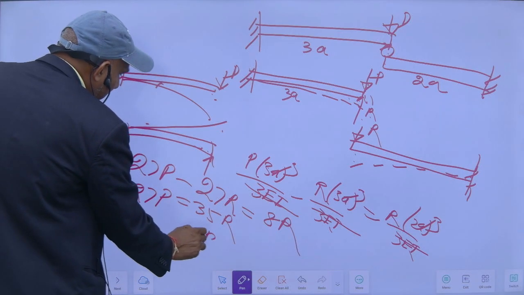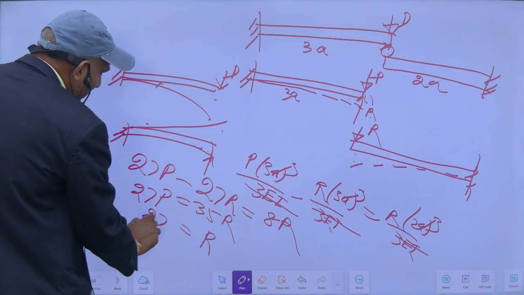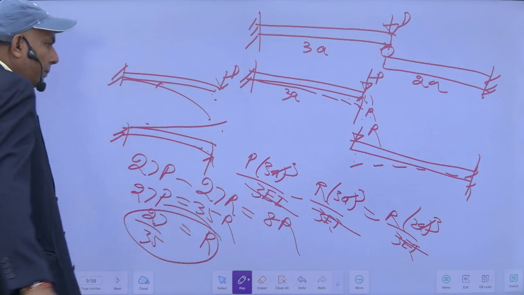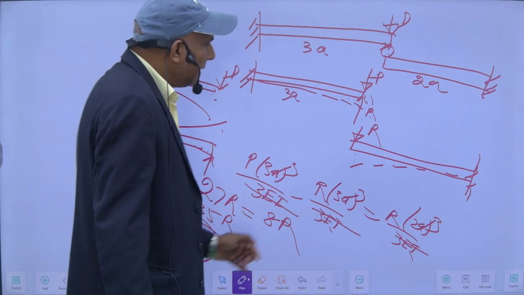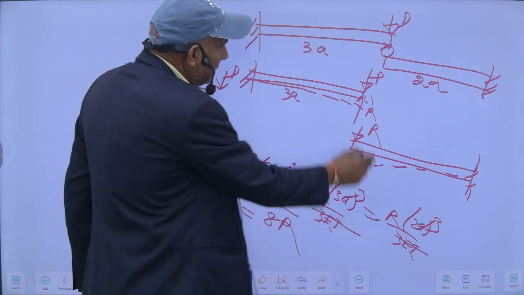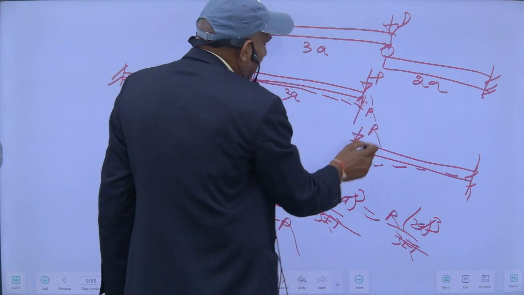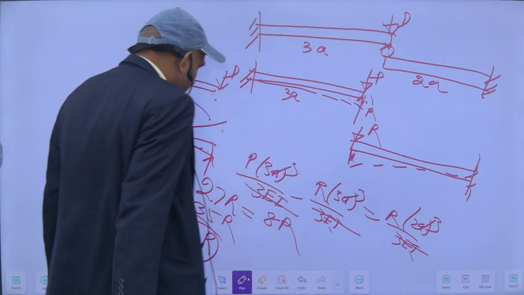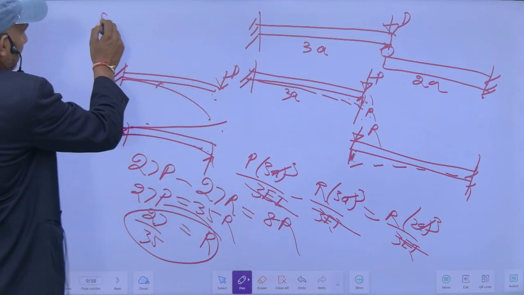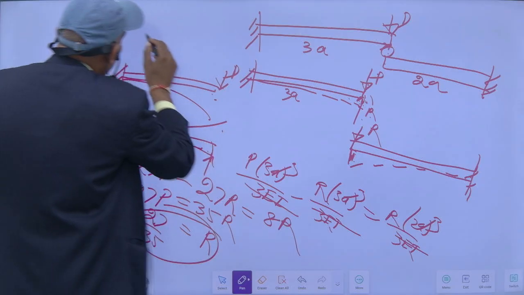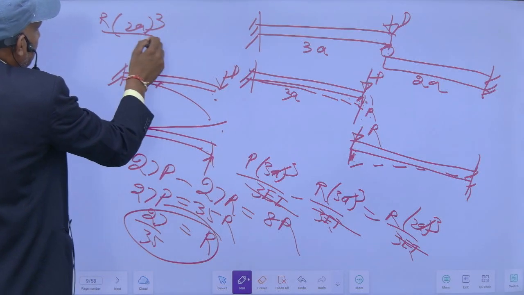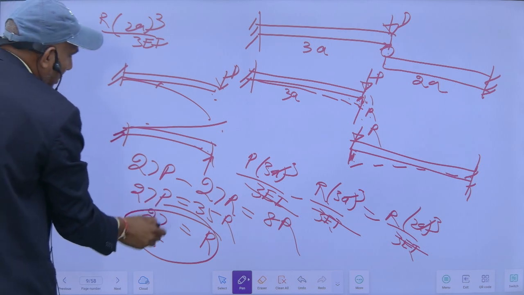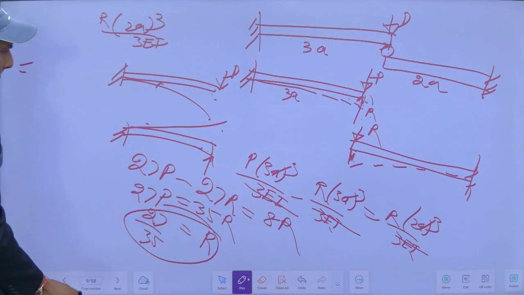So R will be 27 upon 35. This is the value of R, and my net deflection is R into 2A cube upon 3I.